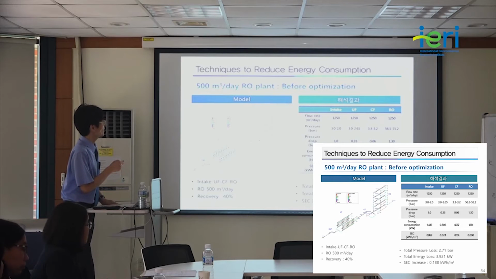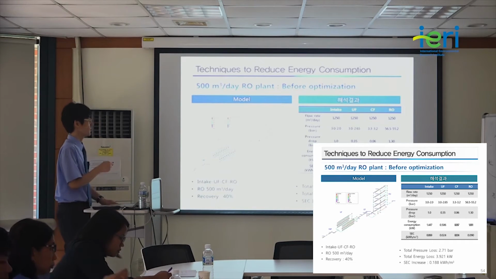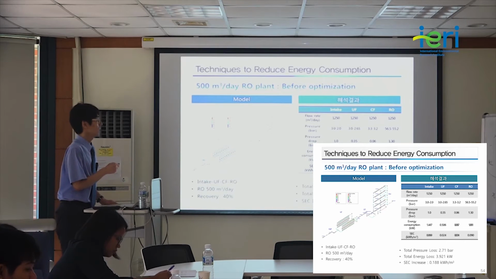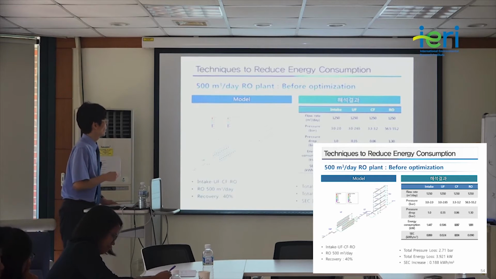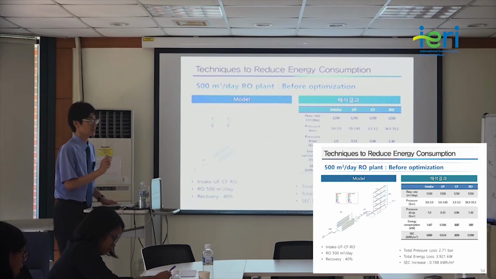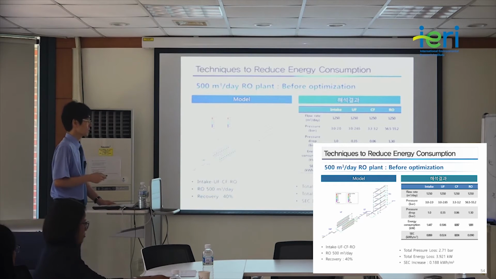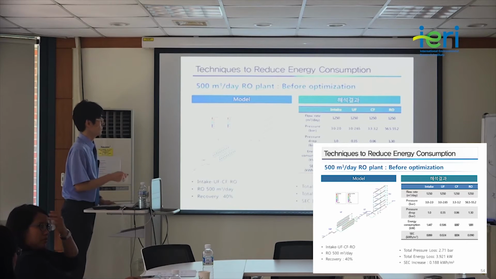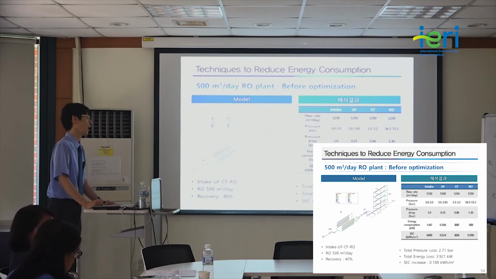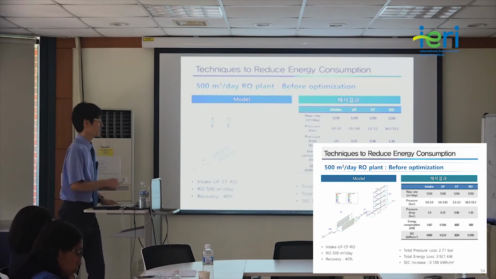So this is the case with a 500 cubic meter per day reverse osmosis membrane plant before the optimization. Before we actually adjust the pipe size, pipe materials, and pipe connections, the total pressure loss through the whole system was 2.7 bar by the calculation.